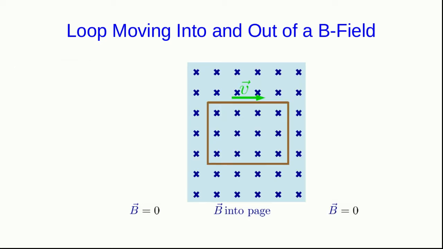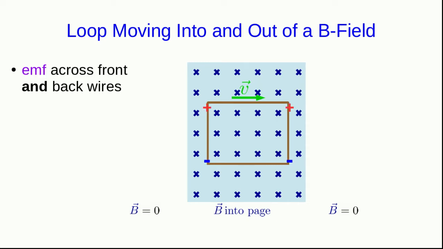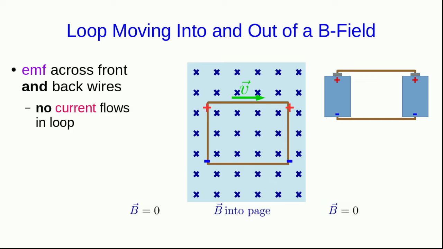Well, now later, the whole loop is inside the region of B field. Now there's an EMF across both the front and back wires. It's just like we'd set up this situation with batteries. And exactly the same thing will happen as if we did set up this situation with batteries, namely, nothing happens. There's no current flowing in the loop now.